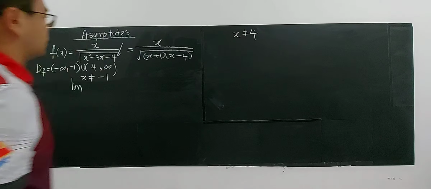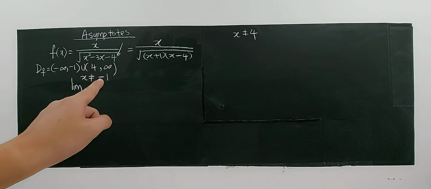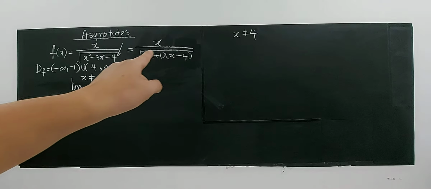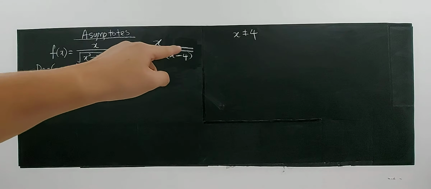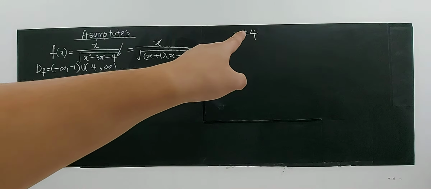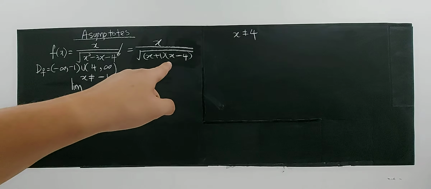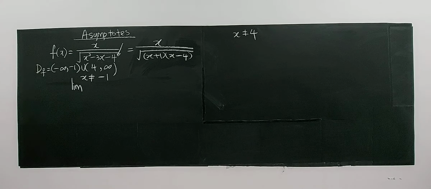Why? Because when x is negative 1, the whole thing inside is 0, and on top we have negative 1 over 0, which is undefined. With 4 also, 4 minus 4 is 0, so you get a number divided by 0. This is the case where you produce a vertical asymptote.